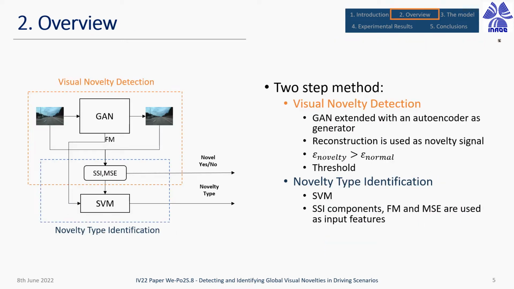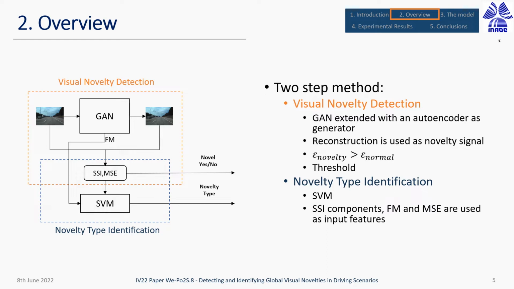In this slide, we can see the general overview of the two-step method proposed. For the visual novelty detection task, we use a generative adversarial network extended with a denoising autoencoder as generator. Reconstruction is used as novelty signal, and as the GAN model is trained with normal data, it is expected that reconstruction error for novel samples should be higher than the error for normal data.